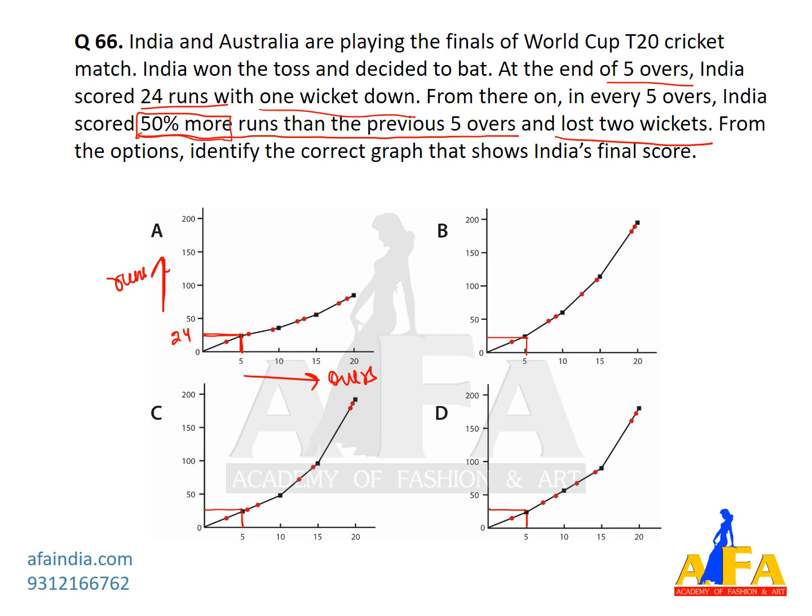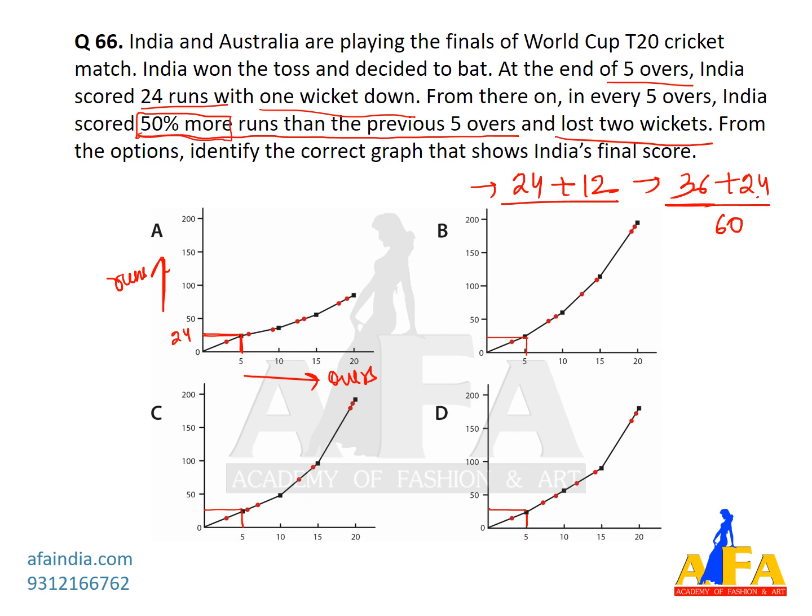So if it was 24, then 24 plus 12 will be 36. So 36 plus 24 will be the total number of runs at the 10th over. 24 is your first 5 overs' runs and 36 is your next 5 overs' runs. So this will be around 60.